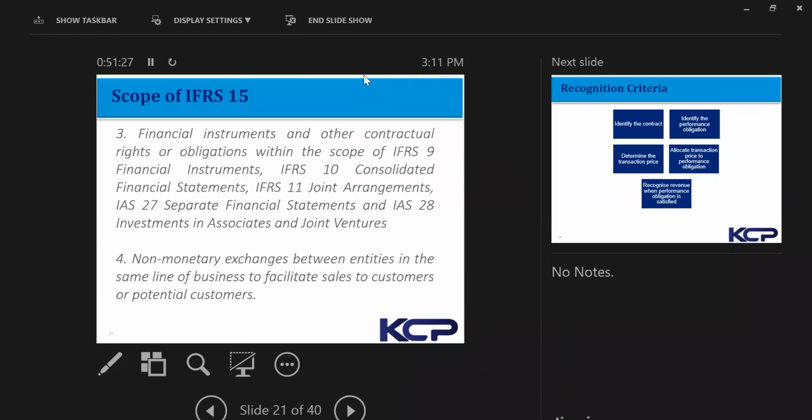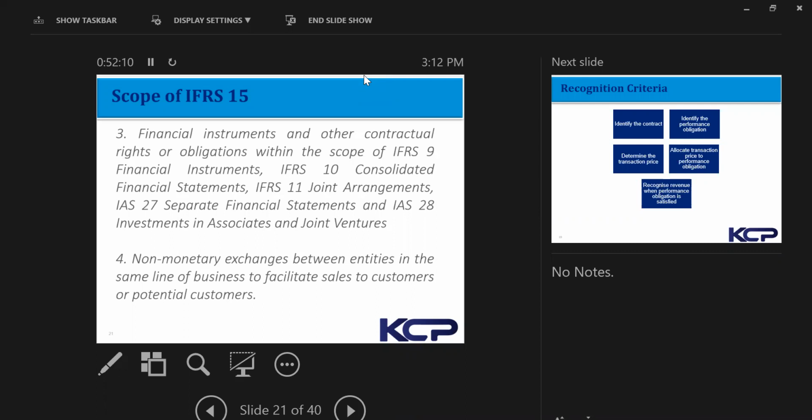Then financial instruments and other contractual rights and obligations within the scope of IFRS 9, financial instruments; IFRS 10, consolidated financial statements; IFRS 11, joint arrangements; IAS 27, separate financial statements; and IAS 28, investments in associates and joint ventures. Don't think about IFRS 15 at all. Anything that relates to all of this, use the explicit provisions as contained in the applicable standards. You understand?